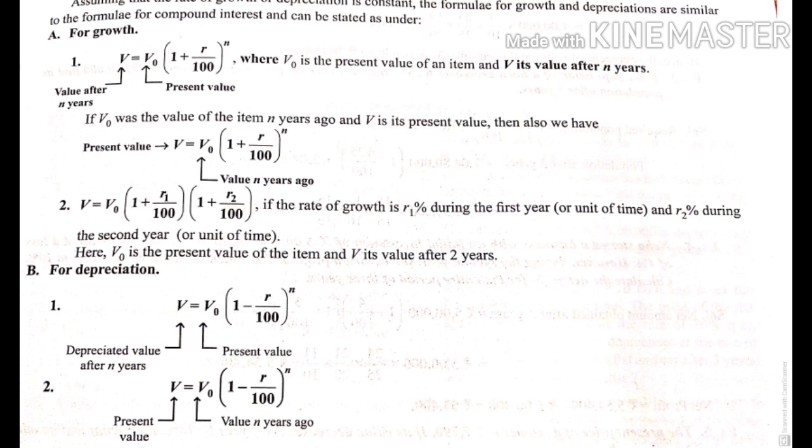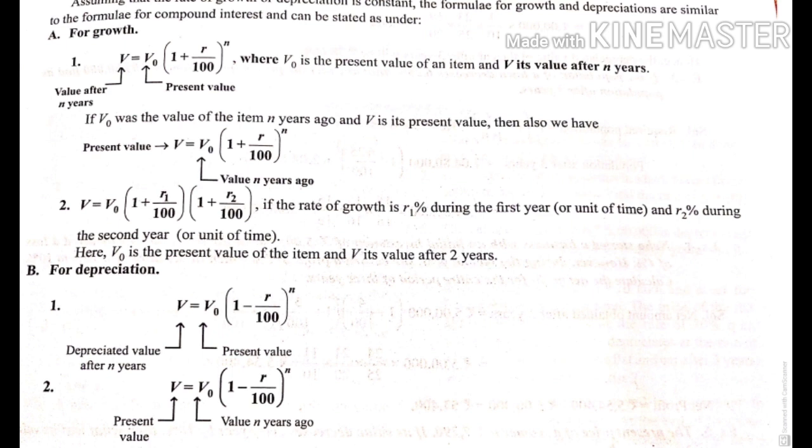And next, number 2 is V is equal to V0 (1 plus R1 by 100)(1 plus R2 by 100), means R1 and R2 are the rates, that is successive rates. When it is given in the question, we will use this formula.